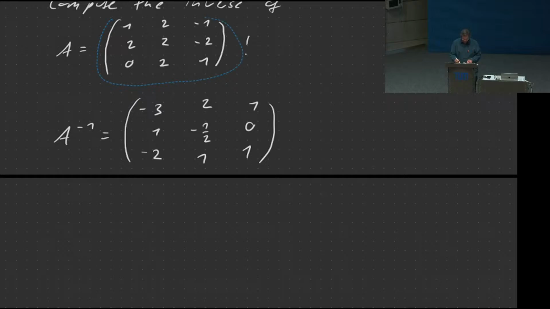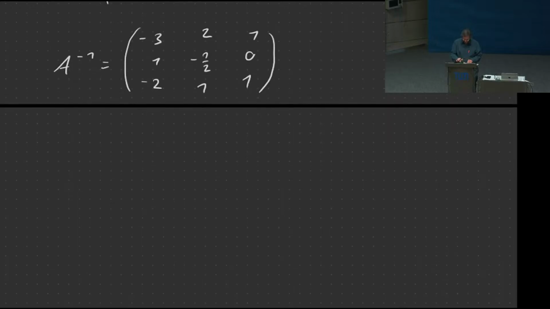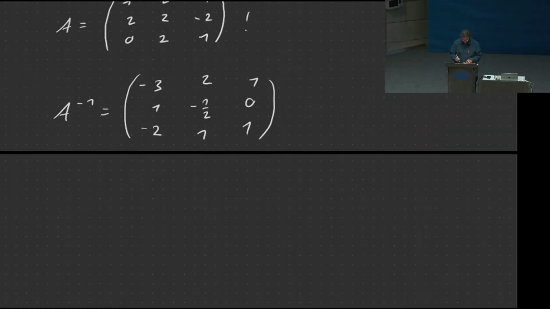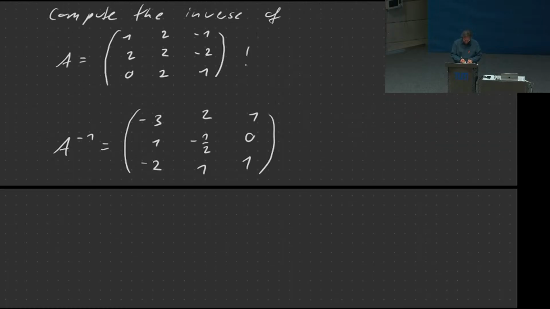As you know, we'll start with this matrix A here, so let me just write it down again. So this is 1, 2, 0, 2, 2, 2, minus 1, minus 2, 1.